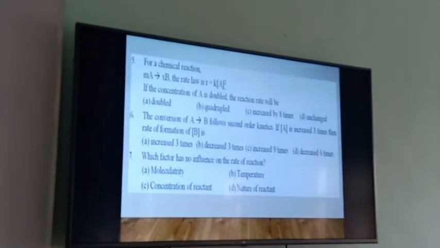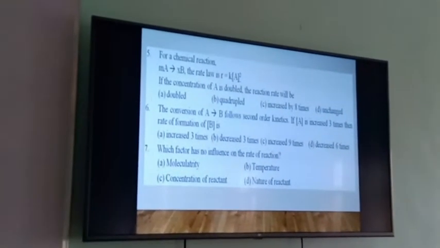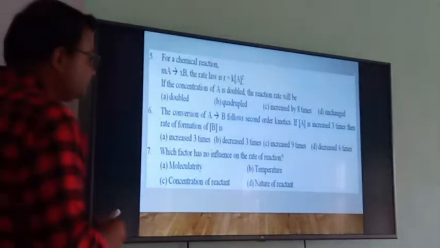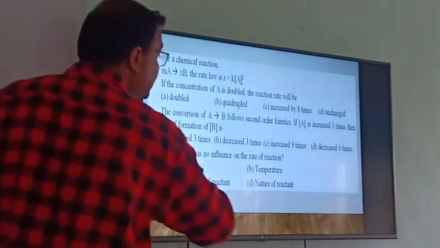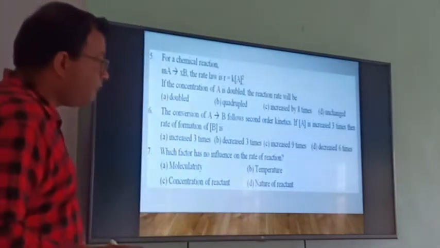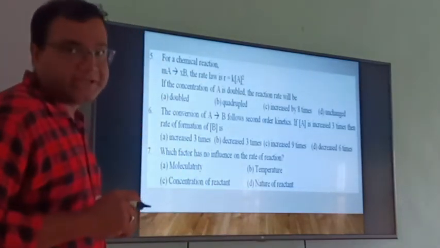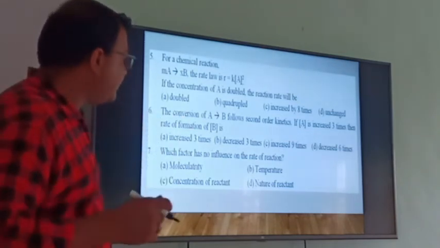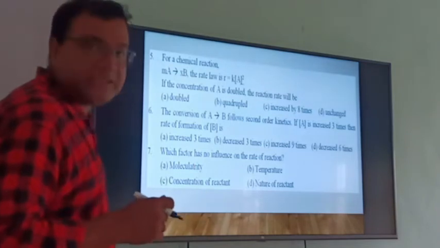So next question, question number 6. What is given in question number 6? The conversion of A to B follows second order kinetics. If A is increased, then the rate of formation of B is.